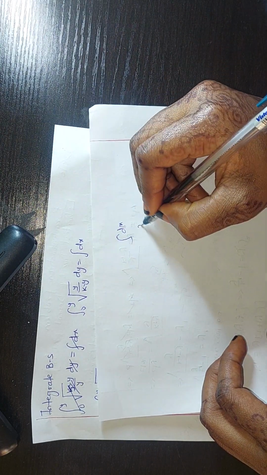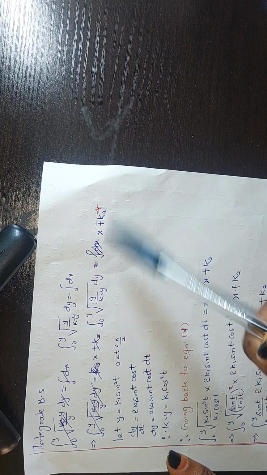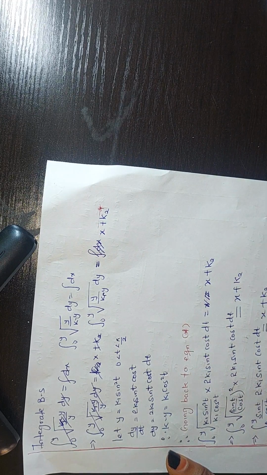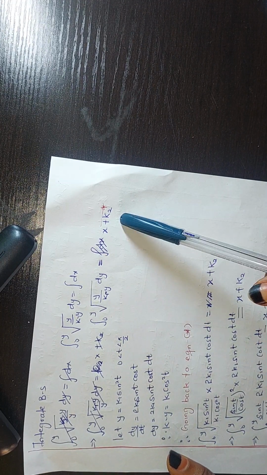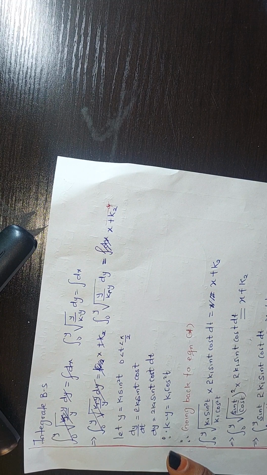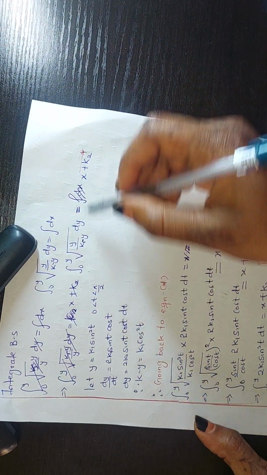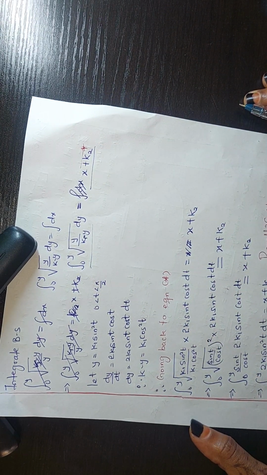I've explained this before. You just have x, but then you must introduce a constant. I don't want to use k1 again. I'll use k2 instead, so that I'll be able to differentiate between k1 and k2. They are two different constants. I've solved the right hand side, but I want to solve the left hand side, so I'll have to use a few things.